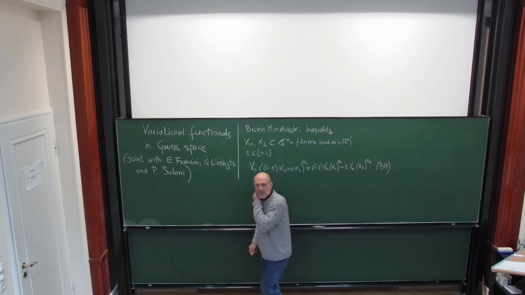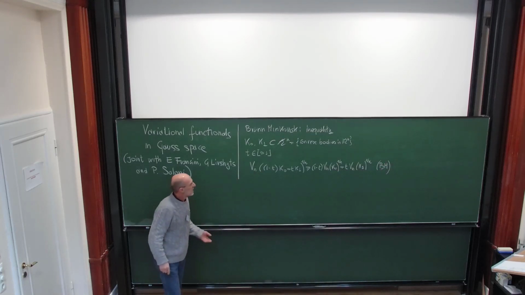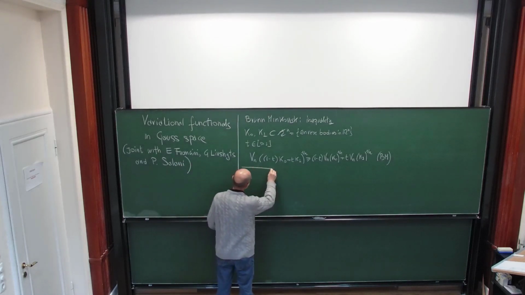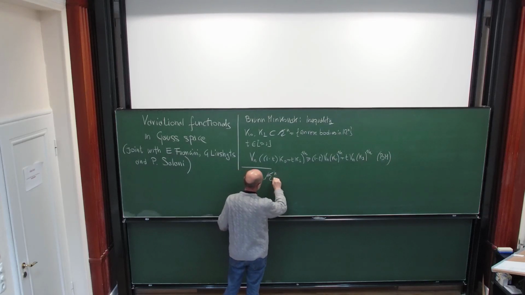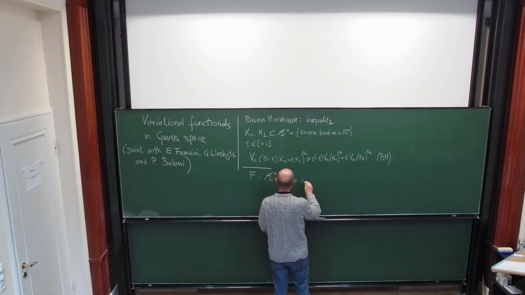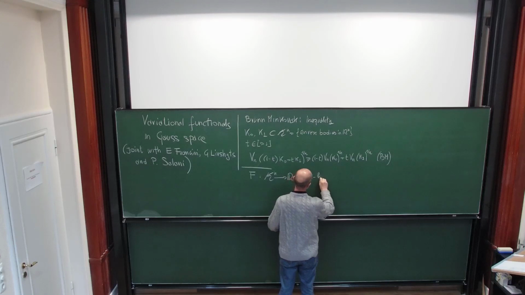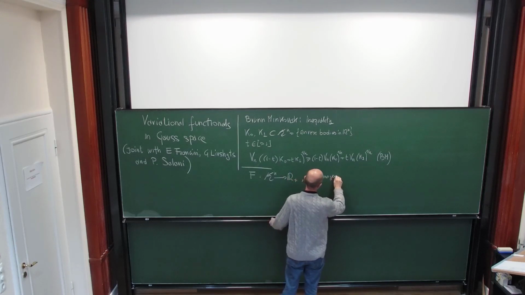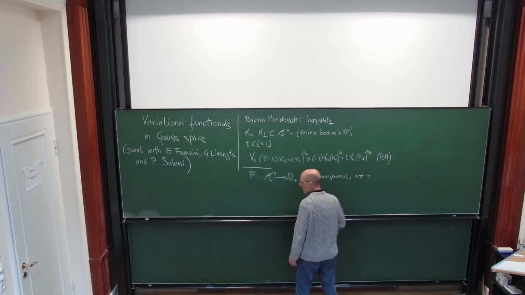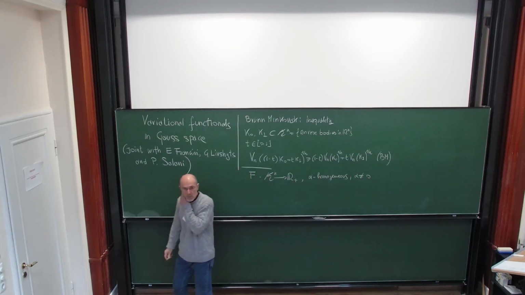Brunn-Minkowski is a model for other inequalities of the same form. So in general, you may have a functional f from Kn to the positive reals, and this functional should be homogeneous of some order alpha which, for simplicity, I will take different from 0.